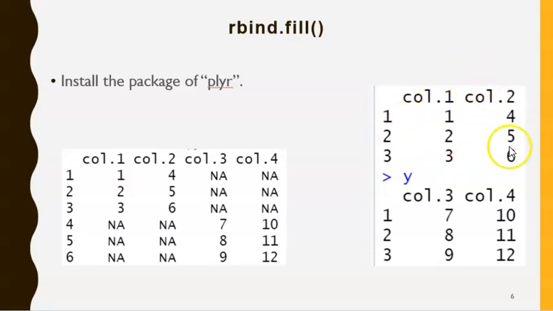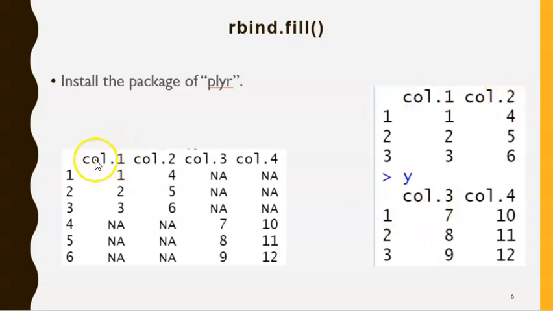So you have these two things. When you rbind them together, you remember rbind we did previously. In the rbind, very easily it makes it 1, 2, 3, 7, 8, 9, 4, 5, 6, 10, 11, 12, correct? But here it considered these columns also. So when it combines them, it checks the column names.